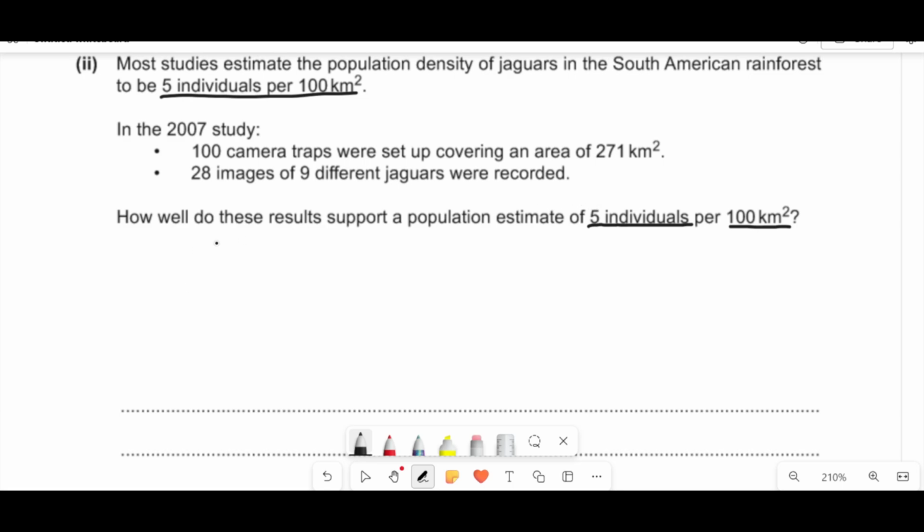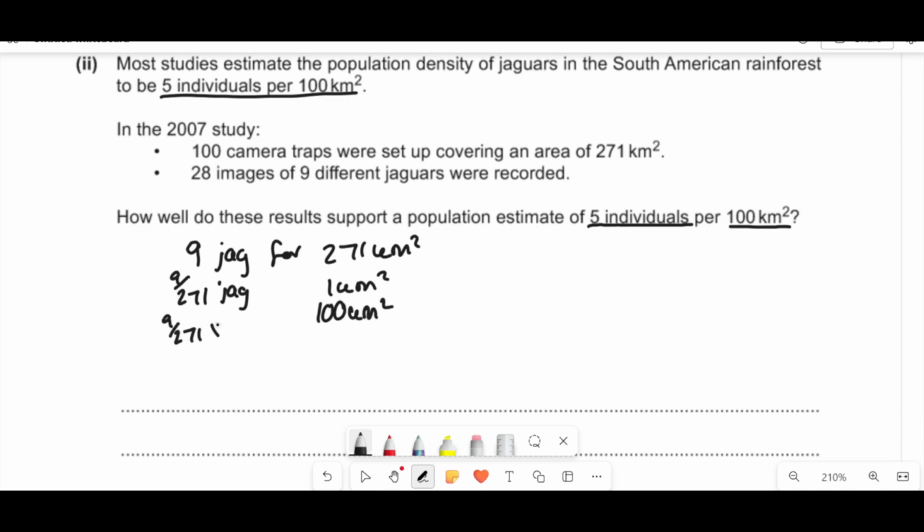So we have a look. These images eventually culminated in 9 jaguars for 271 kilometers squared. So that means 1 kilometer squared would have been 9 over 271 jaguars. Then per 100 kilometers squared would be 9 over 271 times 100, which is roughly 3.3, or 3 jaguars per 100 kilometers squared.